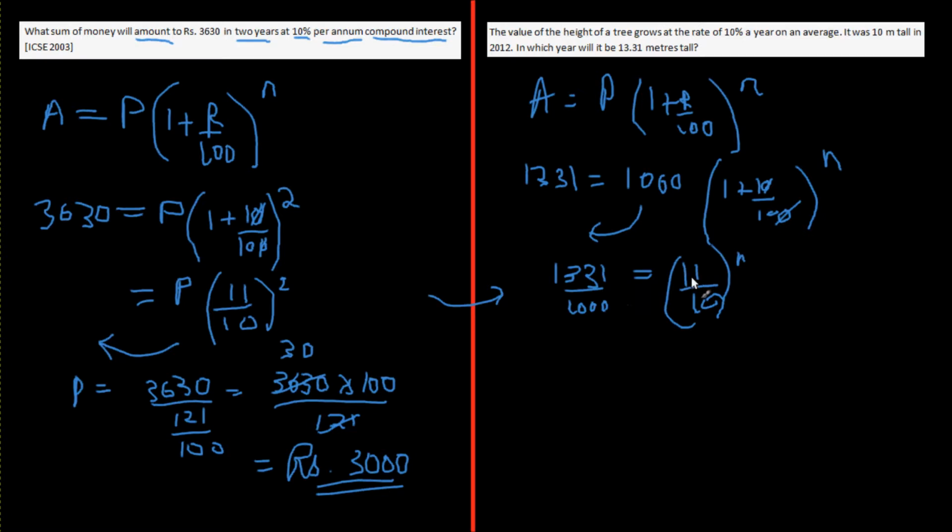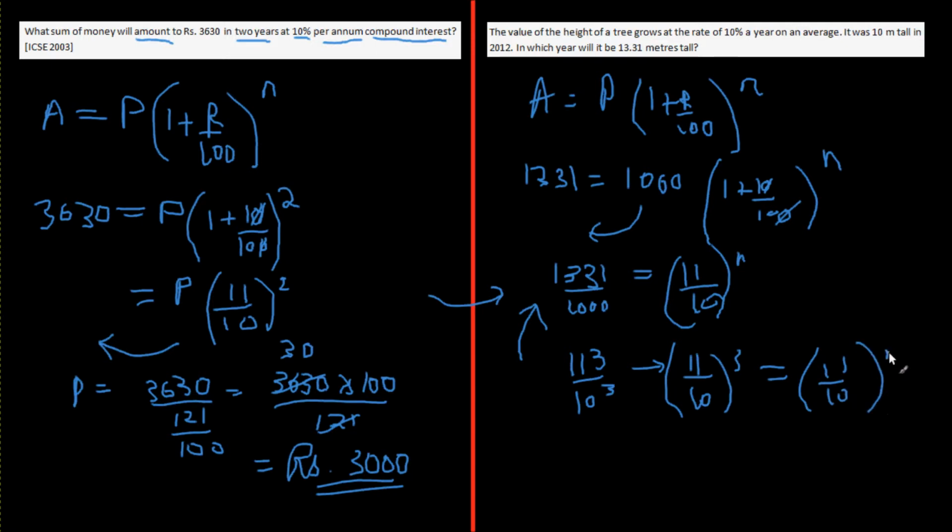You can write this as 11 to the power 3 upon 10 to the power 3, which is (11 by 10) whole thing to the power 3. And this is equal to (11 by 10) to the power n. So you can easily see here 3 is equal to n. And you're given its rate of 10% a year, so your n is also in terms of years, so 3 years. So the answer, just add 3 years to 2012, so the answer is 2015.